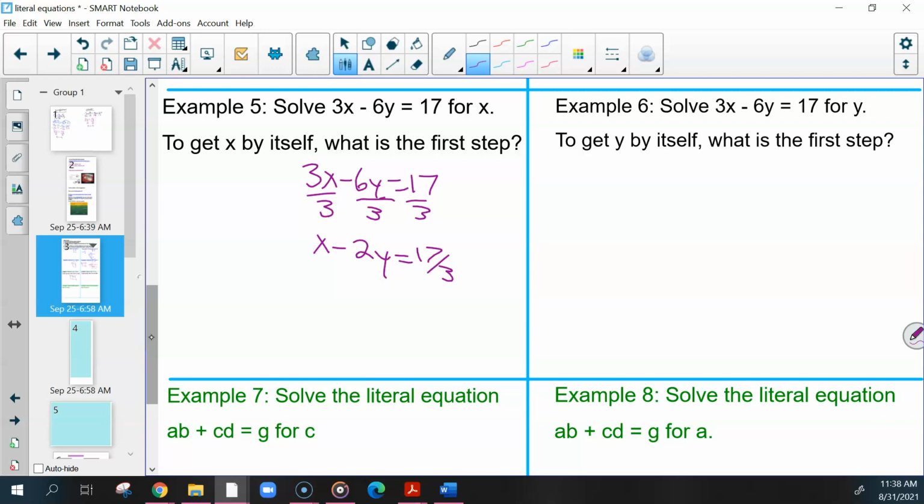It helped us in a way because x is by itself, it doesn't have a coefficient except for 1, but it's still surrounded by other terms. It's not completely by itself. Say that one more time.